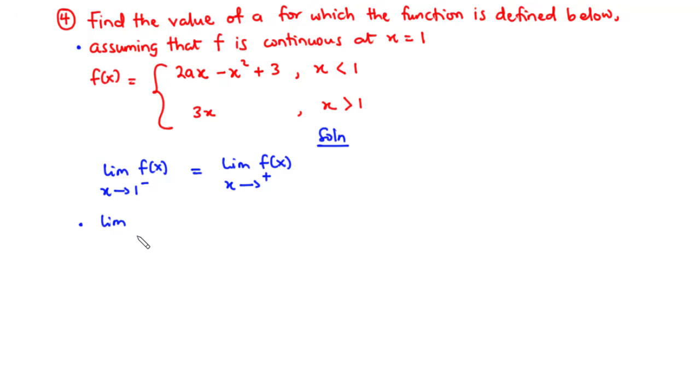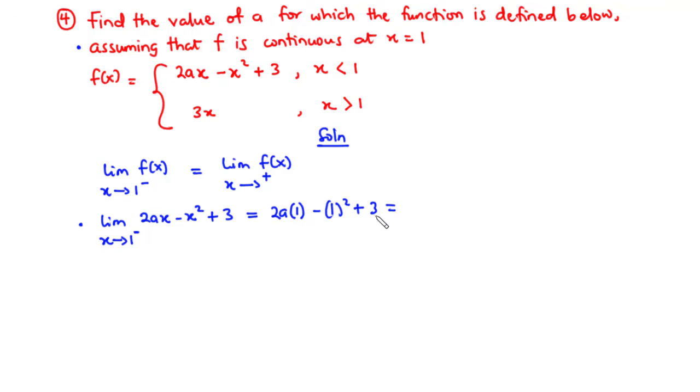So that is considering x less than 1, we are going to consider this function. So that is the limit of 2ax minus x squared plus 3 as x approaches 1 from the left. That is equal to, let's plug in 1 into this limit. We have 2 times a times 1 minus 1 squared plus 3.